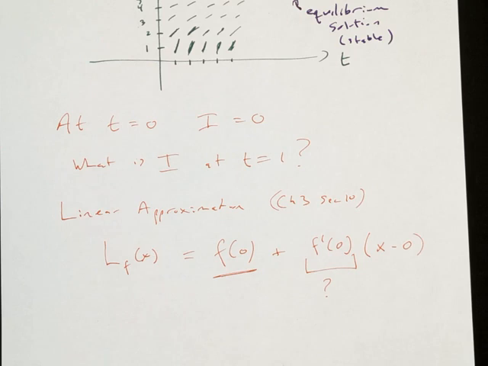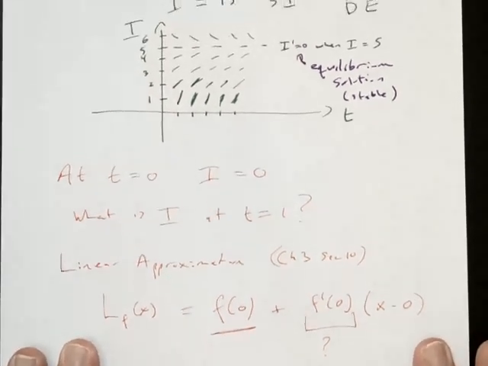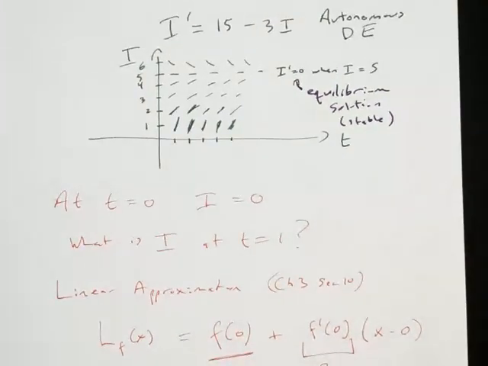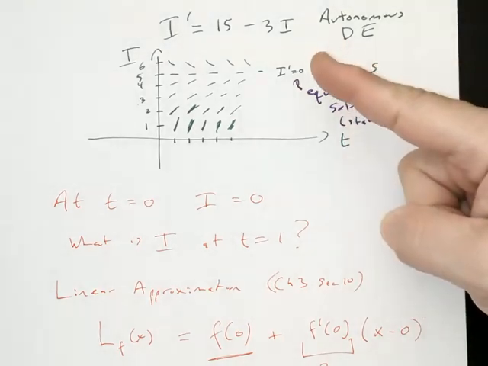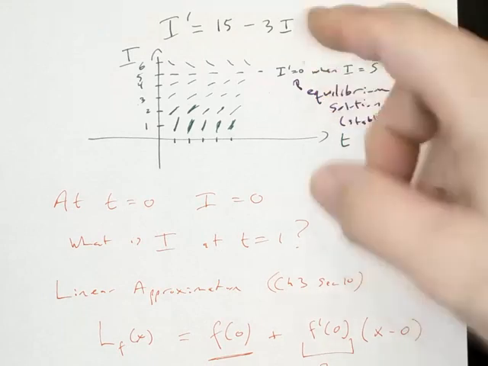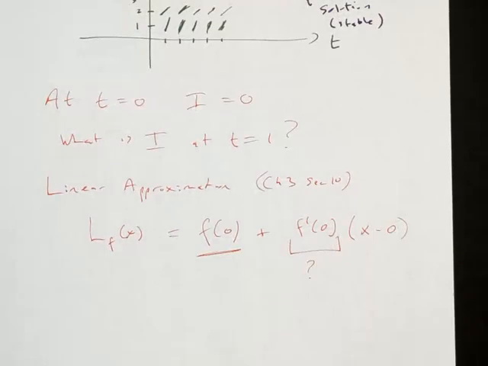In our particular example, using I, my derivative is I prime. How do I find I prime? I can use this equation to find the slope because I'm at the point 0, 0.